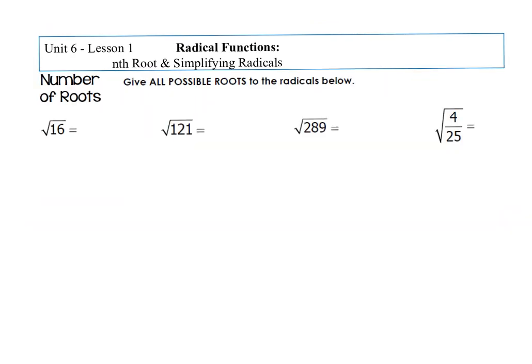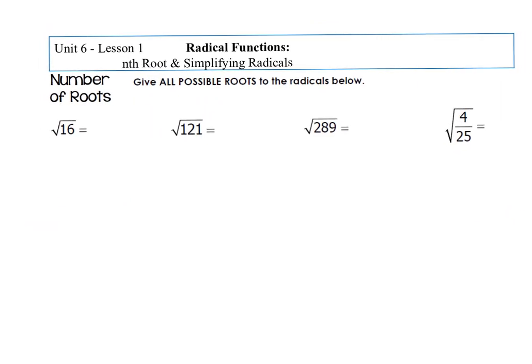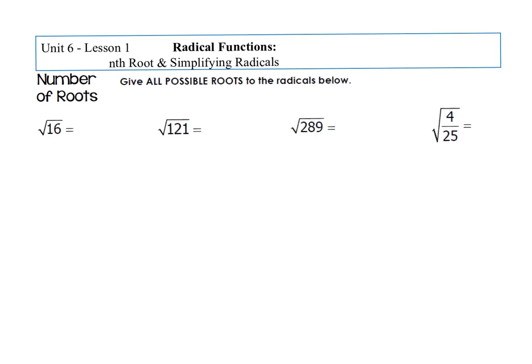This part is saying to give all possible roots to the radicals below. So we have the square root of 16. Remember, it's a square root if there's no number outside the radical. And we're asking, what's the square root of 16? And it's saying all possible. We know the square root of 16 is 4 because if we undo that, or work the other way, 4 squared equals positive 16.